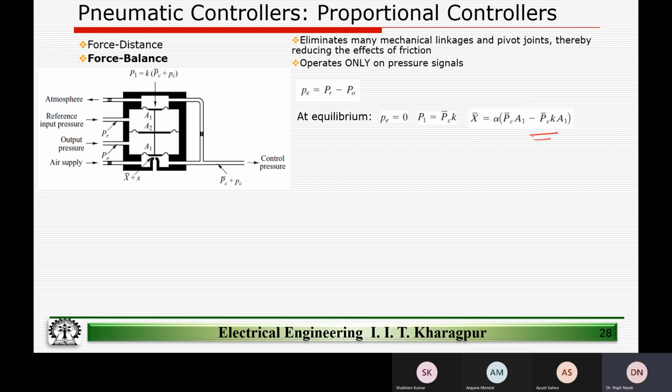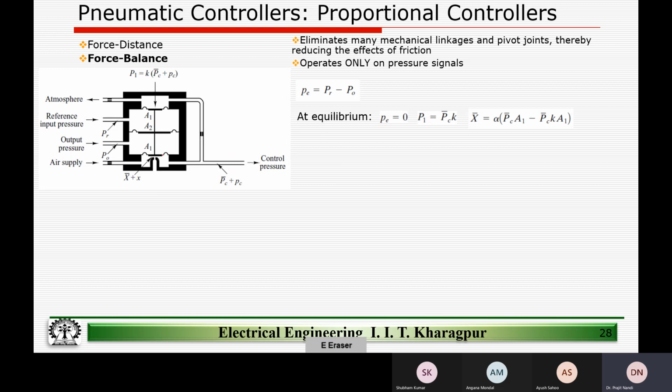Look at this carefully. Why are we saying this is at equilibrium? Because at that point, the pressure in this chamber and this chamber is equal. So there is no movement of this structure because of a pressure difference between this chamber and this chamber, right? At equilibrium, the difference between the reference pressure and the output pressure is 0, right?